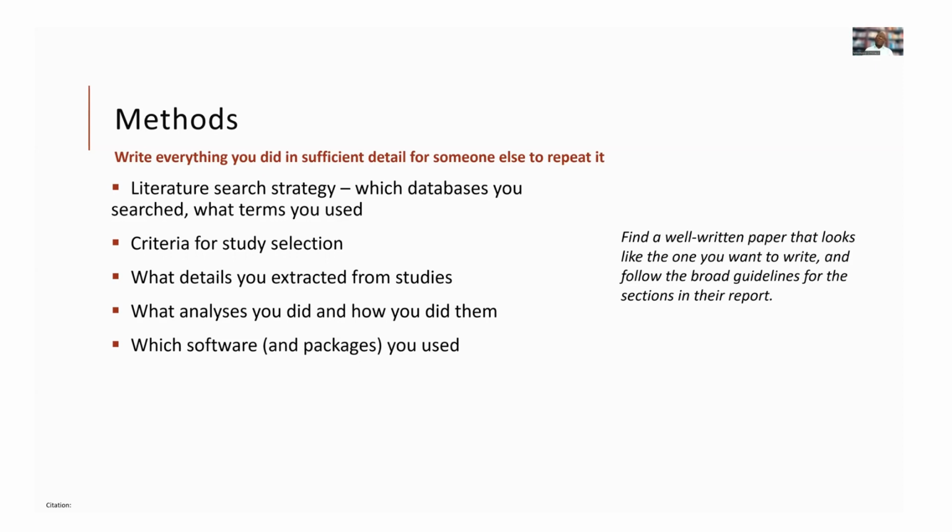Now, when you look at the checklist again, you're going to see that the goal of the methods is to provide sufficient information in sufficient detail for someone else to be able to reproduce or replicate this study, just based on the information that's provided in your report.